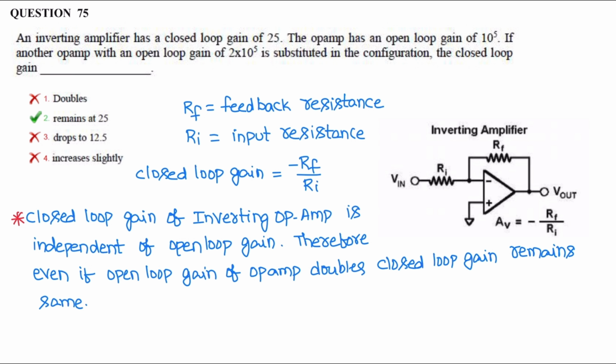So closed loop gain remains the same because the closed loop gain of an inverting operational amplifier is given as minus Rf by Ri, where Rf is feedback resistance and Ri is the input resistance. Closed loop gain of an inverting amplifier is independent of open loop gain. Therefore, even if open loop gain gets doubled or tripled, the closed loop gain remains the same. Correct answer is option 2.